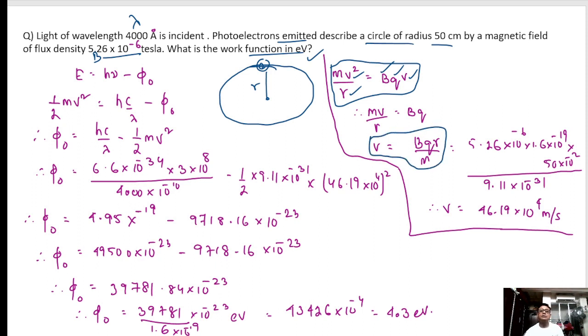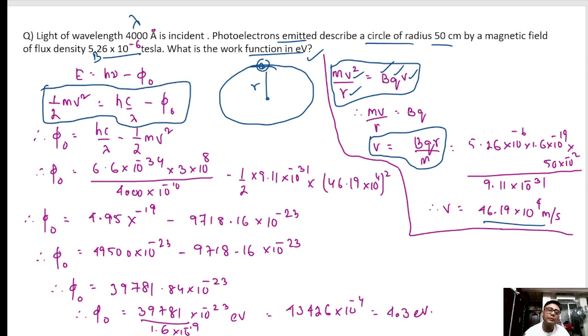Now the question is, they are asking what is the work function in electron volt. So first of all we calculated the value of the velocity. Now we know this is the equation: the kinetic energy emitted is equal to this.